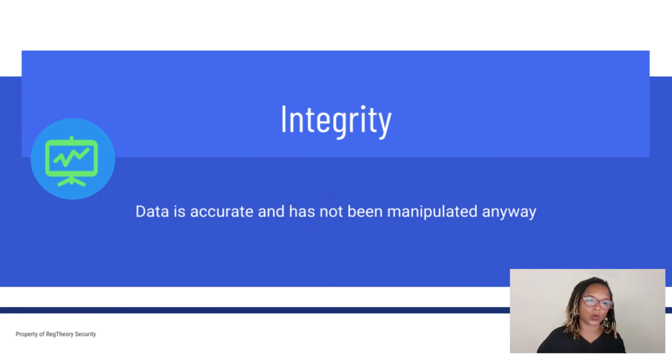Integrity, the third core principle, states that data needs to be accurate and has not been manipulated in any way. Therefore, you're not being tricked or defrauded or bamboozled in some form.